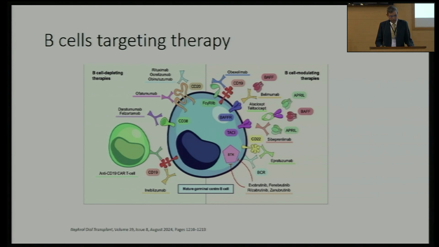To block the markers, we have belimumab, which blocks BAFF, and we have the APRIL blockers, which we discussed in the morning, atacicept and telitacicept, and also CD22, which is blocked by epratuzumab, and APRIL is also blocked by several. Like that, we have a number of drugs which can either modulate B cell function or can kill the B cells.